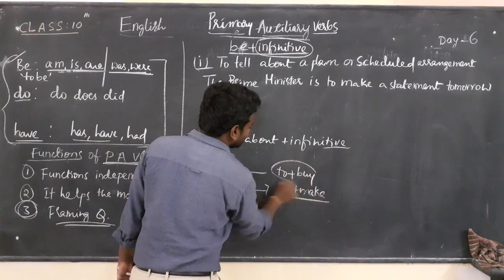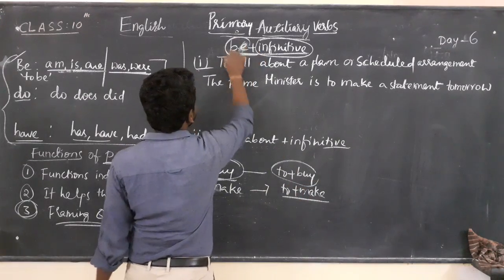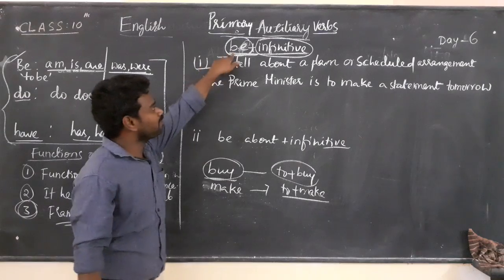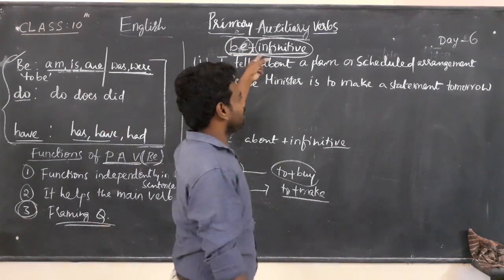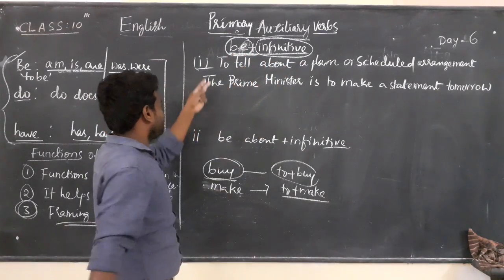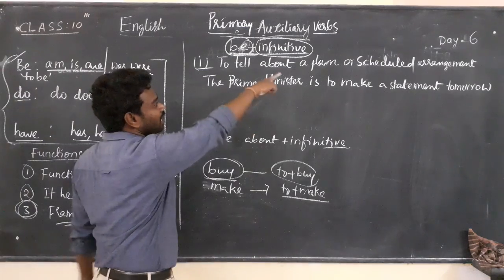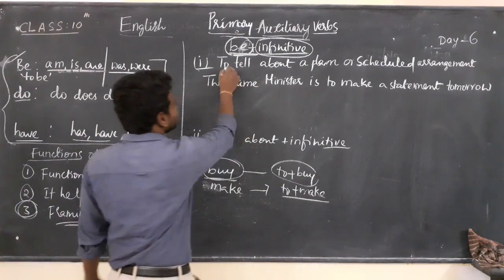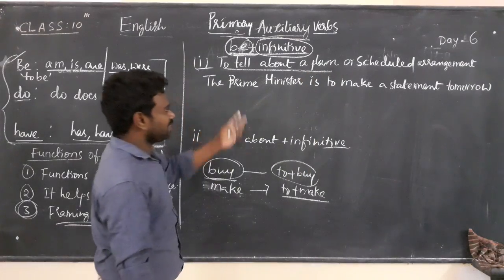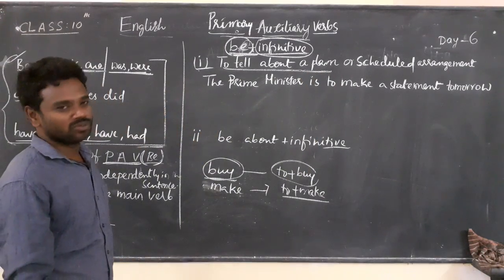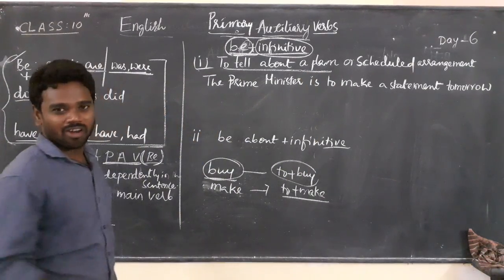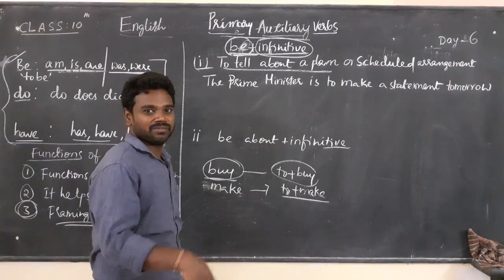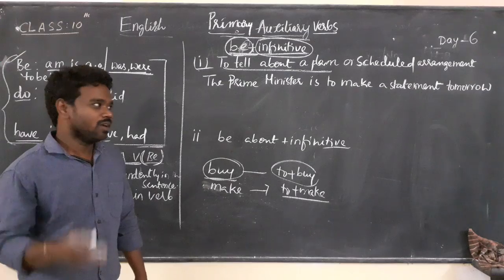So be means the be forms: am, is, are, was, were, plus infinitive. Sometimes we use these be forms to tell about a plan or scheduled arrangement. For example, the Prime Minister is to make a statement tomorrow regarding the lockdown.